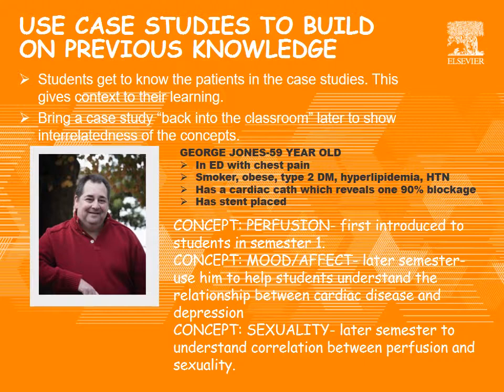How are you, student nurse, going to explain this to your patient? A very application, real-life way of helping the students with communicating on a sensitive topic, but also seeing the relationship to perfusion and the concept.